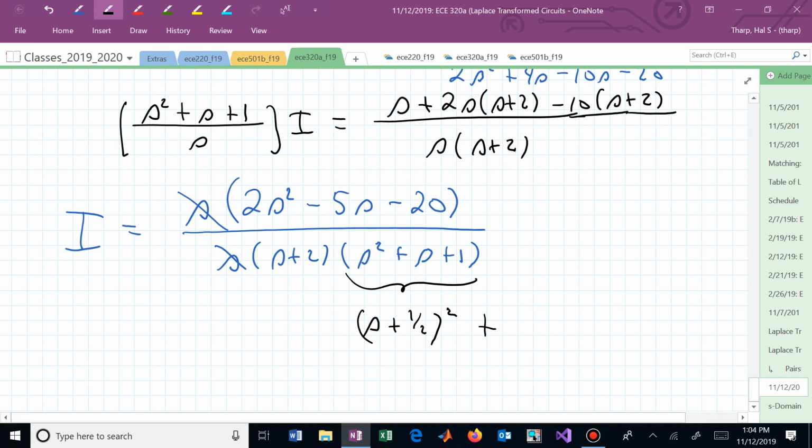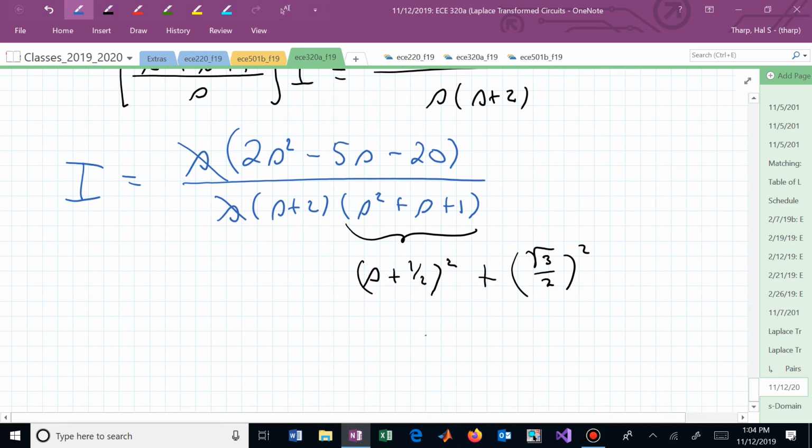We're left with 3/4, which we want to write as something squared, and that's the square root of 3 over 2. We now know that the roots of that are at minus 1/2 plus and minus j square root of 3 over 2.